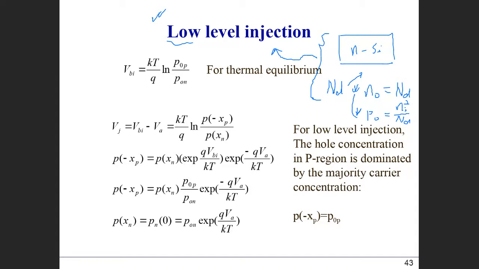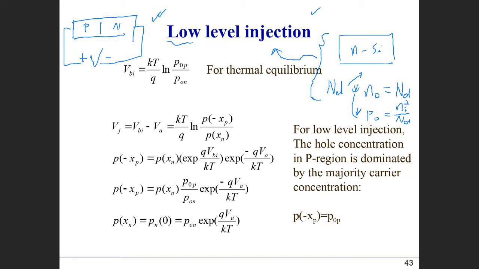that's the condition we define as the low-level injection. Especially this happens when you have the p-n junction diode and you apply the forward bias, which means that on the p side you apply positive and on the n side you apply negative.